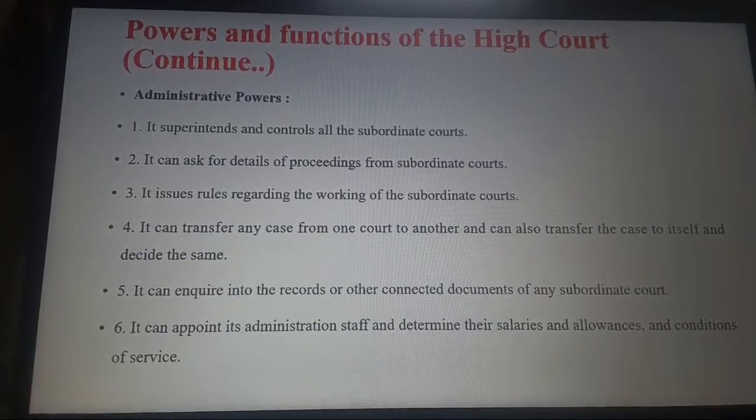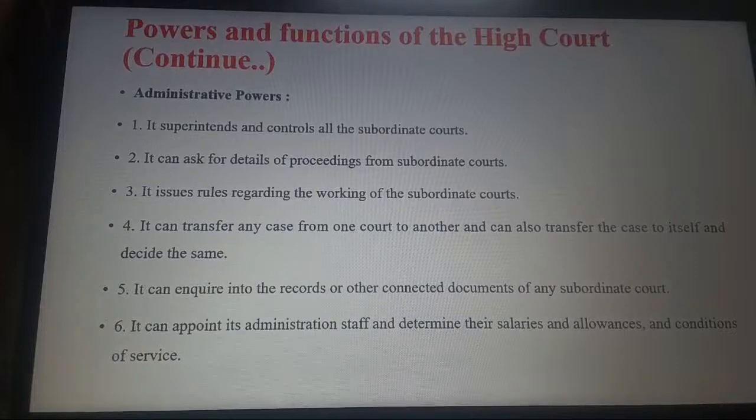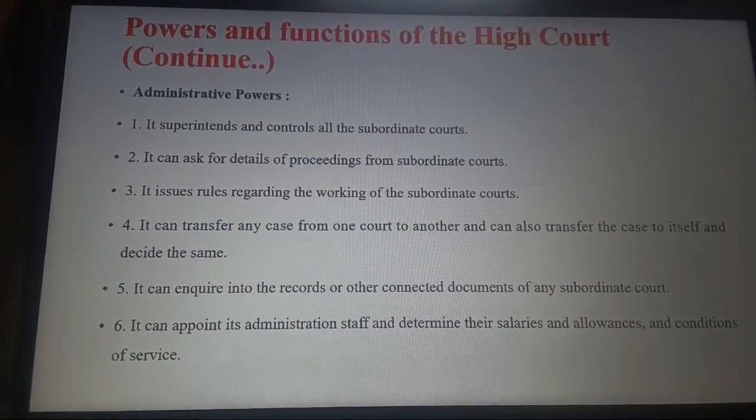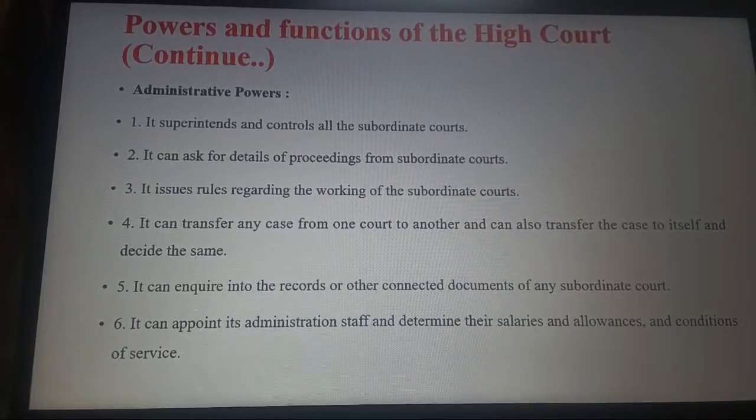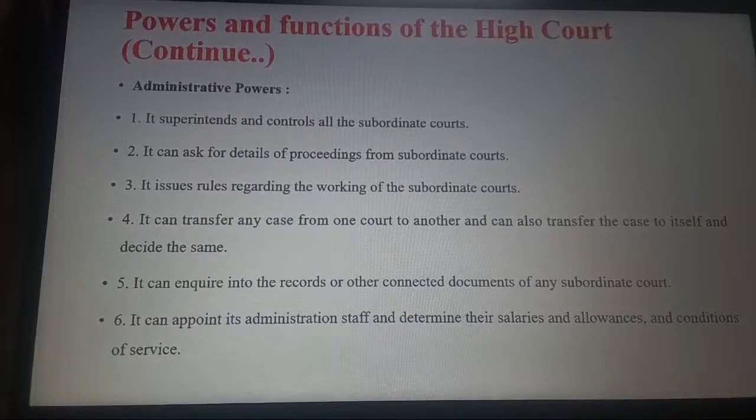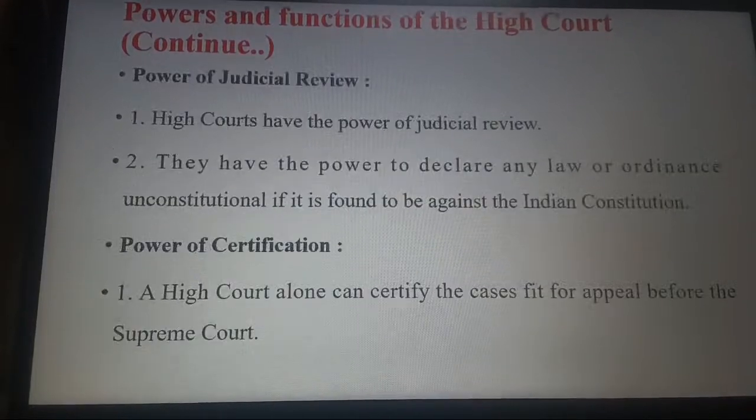It can inquire into the records or other connected documents of any subordinate court. It can appoint its administrative staff and determine their salaries, allowances and conditions of service. Power of judicial review.